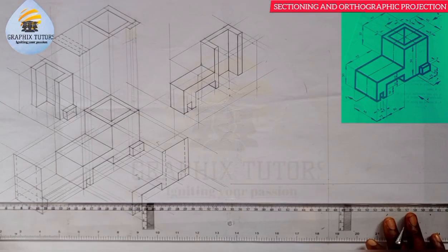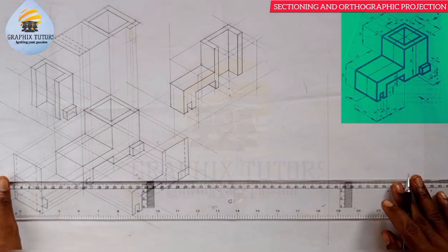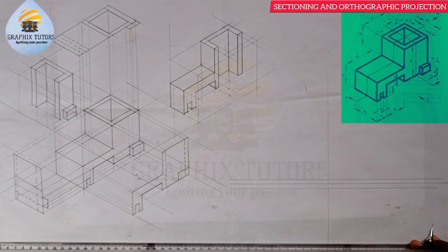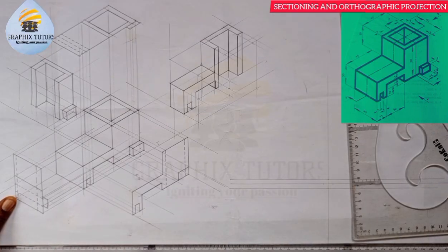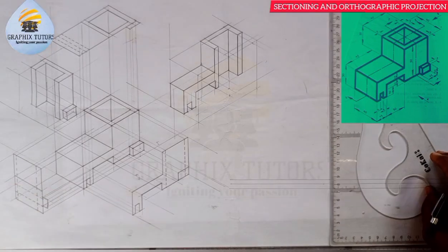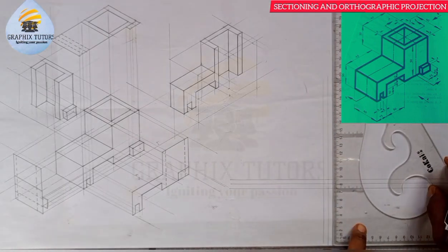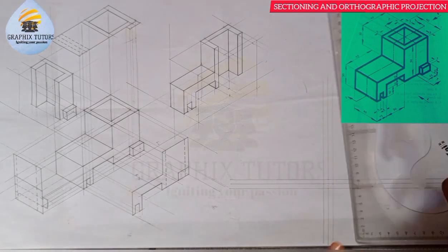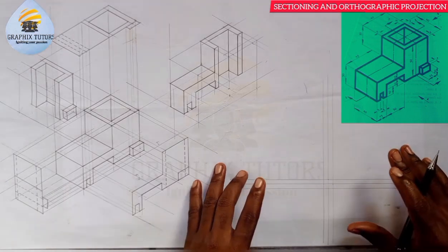And I'll close them up. So this is the first thing you do, right? When you're told to draw in first angle or in third angle, this is the first thing you will do.